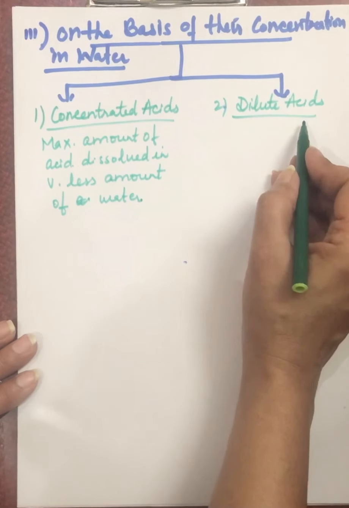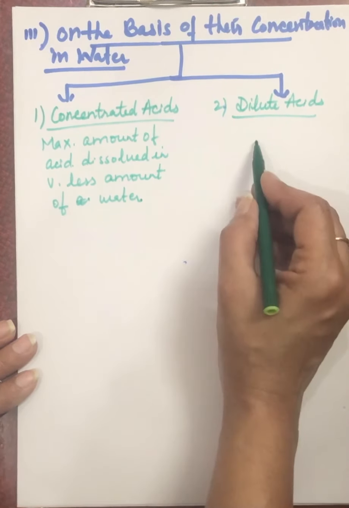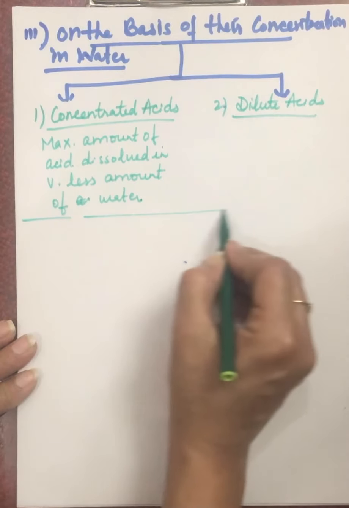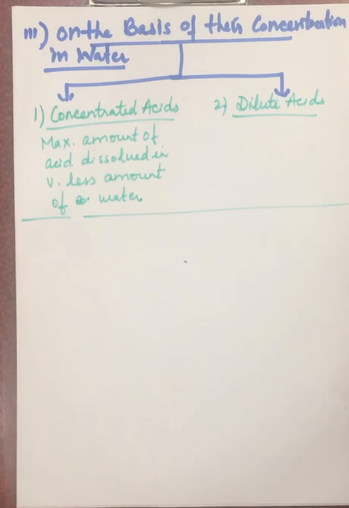While dilute will be opposite to these. Here amount of acid is less while that of the water will be more. So this is the third classification of acids. So there are three ways to classify acids. The first one is on the basis of their source. Second is their ability to dissociate in aqueous solution. And third is on the basis of their concentration in water.